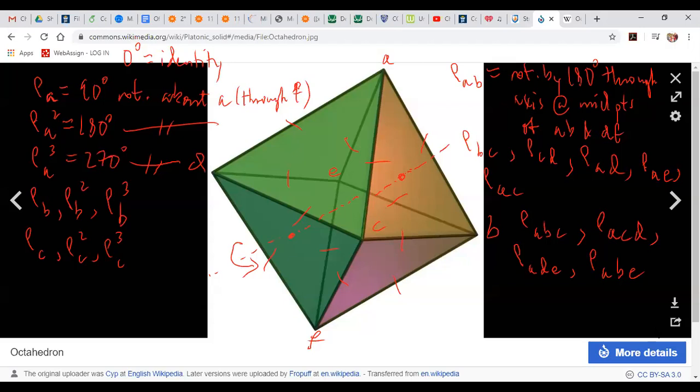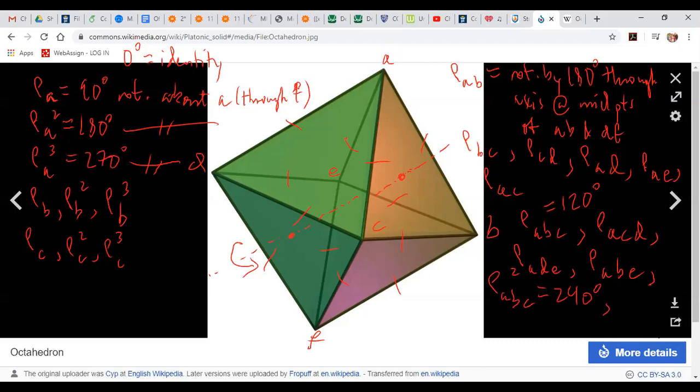Well, the other ones are actually from the squares of these. Because remember, this right here, so like rho ABC, how much is this facial rotation going to be by? Well, it's going to be 120 degrees. So if I take rho ABC squared, that's going to be a 240 degree rotation about that facial axis. So what are the other ones that I have?